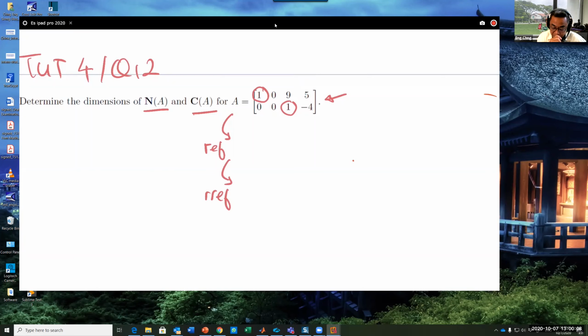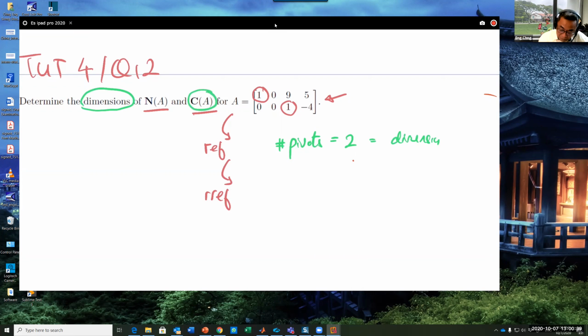Okay, but never mind, in row echelon form, the number of pivots still tells us a lot of things. The number of pivots is equal to 2, and it tells us that this is the dimension. Again, what is the dimension? It is the number of bases in the vector space.